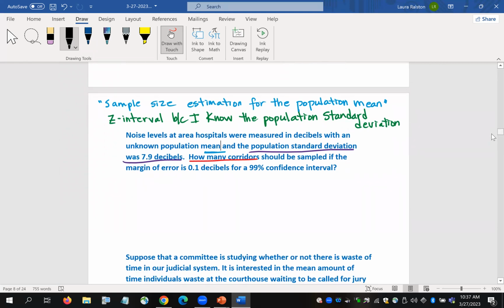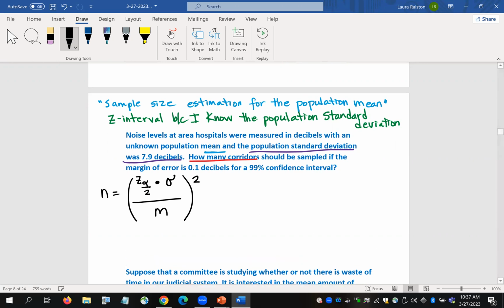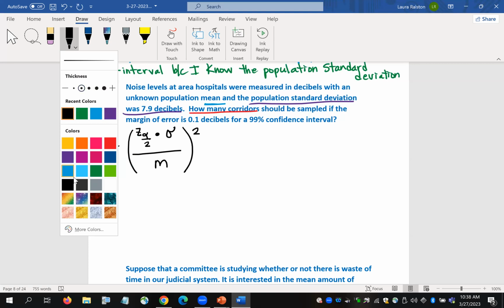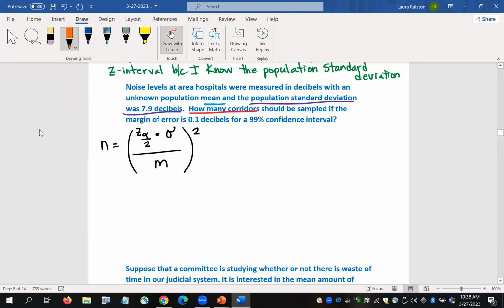My formula for sample size is your critical value times the standard deviation divided by the margin of error, and that whole value is squared. All of the information that you need is either given in the problem or you can find it from the table.